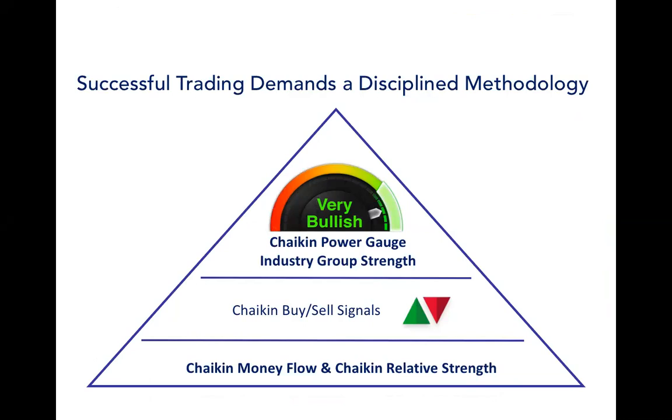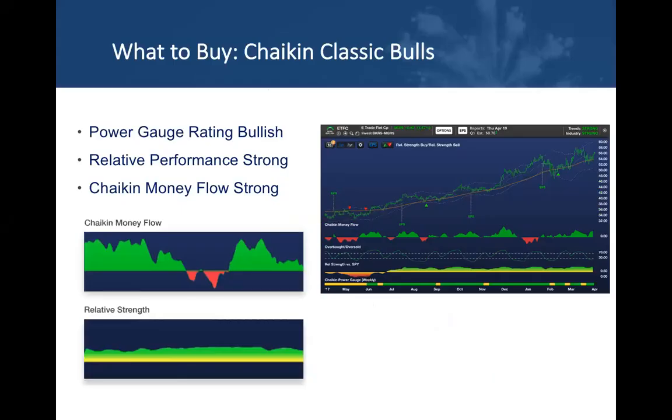So at the top of the pyramid, Chaikin Power Gauge rating, our go-to fundamental indicator that gives you that directional edge. And then industry group strength, which is the wind at your back. It points you in the right direction. At the bottom of the pyramid, just 2 technical indicators, Chaikin money flow and Chaikin relative strength. And we'll go into that in depth in a minute. And right there in the middle, the sweet spot for options traders, 6 pairs of buy and sell signals.